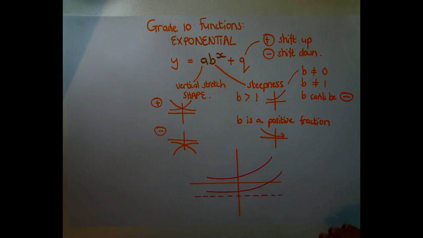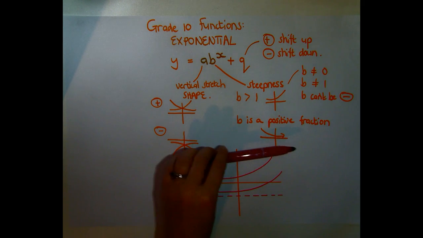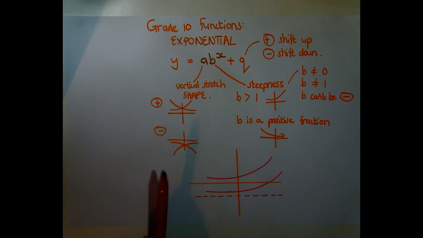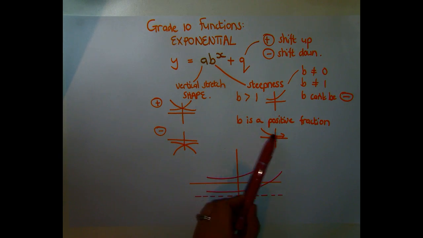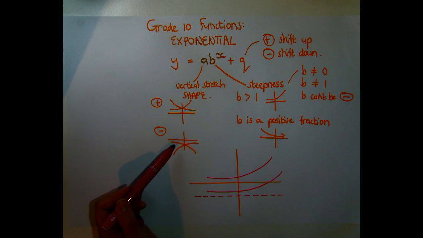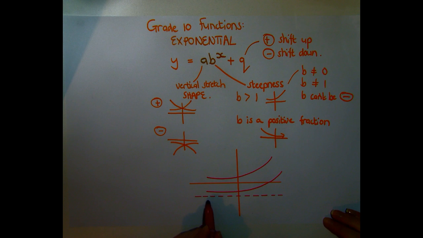So the generalized exponential function looks like that, or we sometimes call it the mother graph. And then if you shift it up or down, it's going to be exactly the same shape, just shifted down that way. And it's exactly the same if it's one that looks like that. It'll shift down here, and if it is one that looks like that, the asymptote is above. And in this case, the asymptote would also be above.